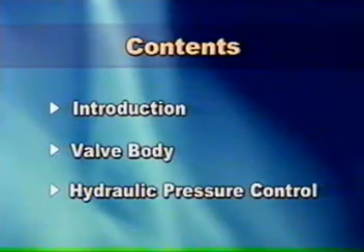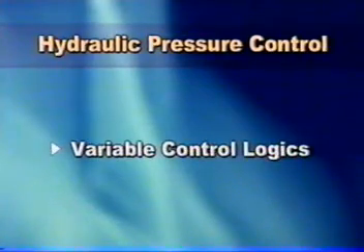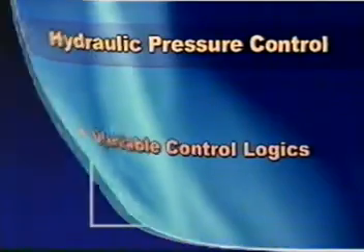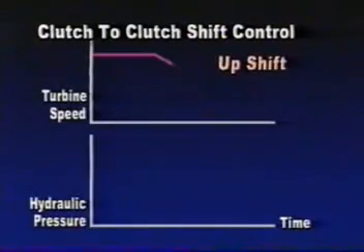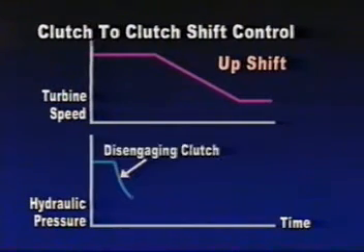Now let us explain the hydraulic pressure control. In this chapter, various control logics for the oil pressure control of Hivec automatic transaxle will be explained. Clutch-to-clutch shift control method of Hivec automatic transaxle is as follows.